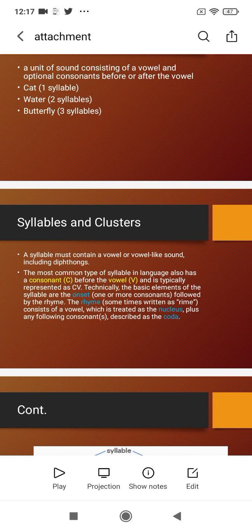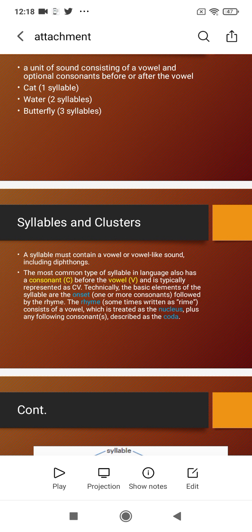Let's try to understand what we mean by a syllable with a few more detailed descriptions. As I have already told you, a syllable must have a vowel, but this vowel is usually surrounded by one or more consonants.